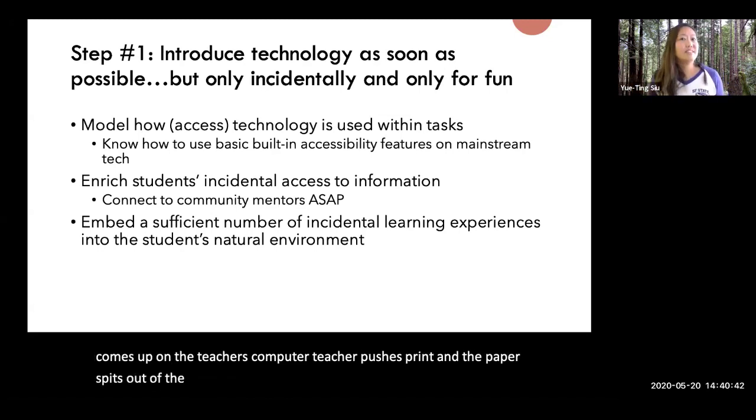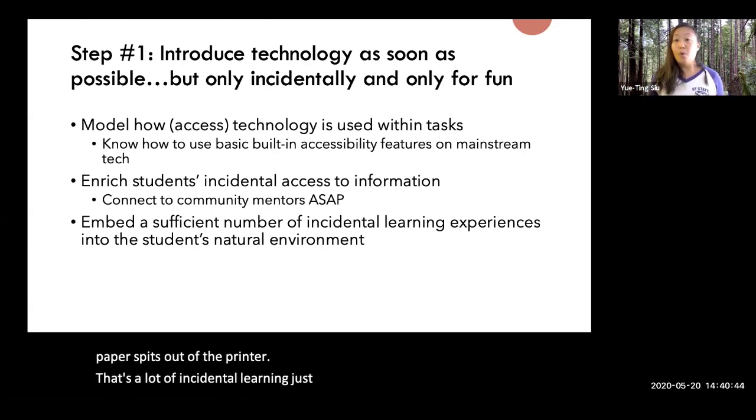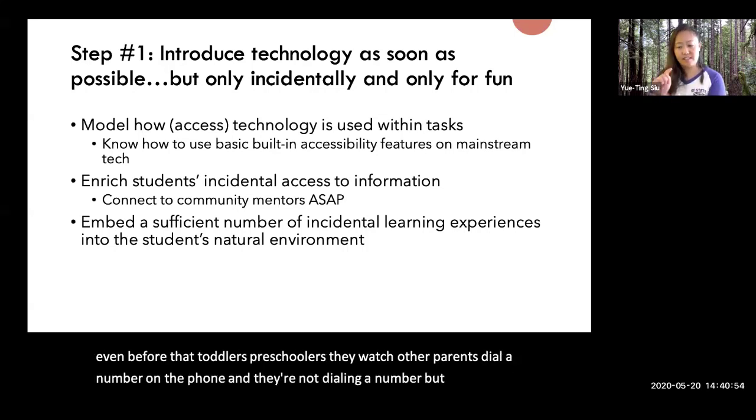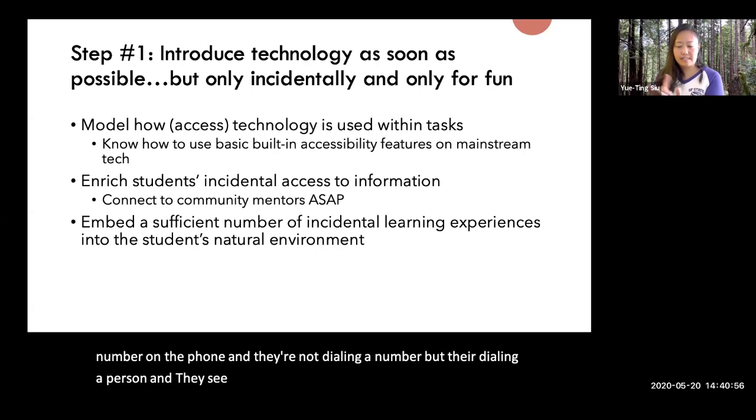That's a lot of incidental learning, just seeing that happen. Or think about even before that, toddlers, preschoolers, they watch how their parents dial a number on the phone. And they're not dialing a number, but they're dialing a person. And they see how that adult is tapping through a screen to find somebody to call.